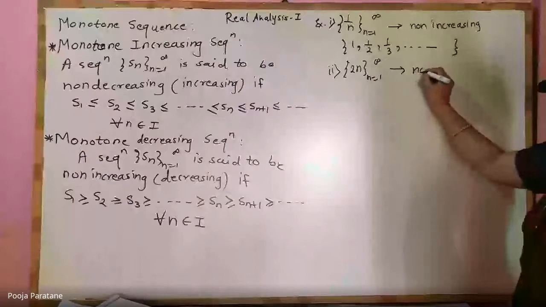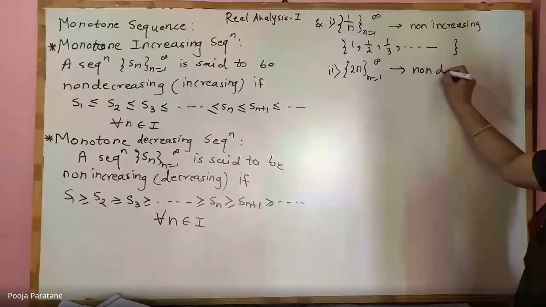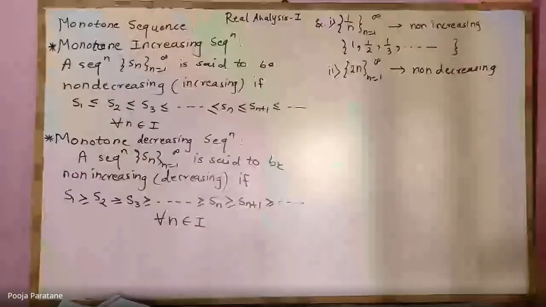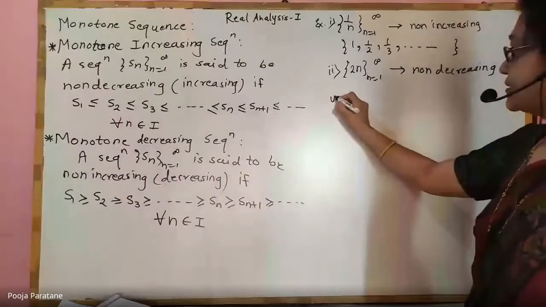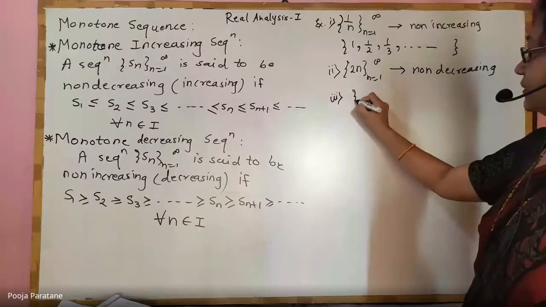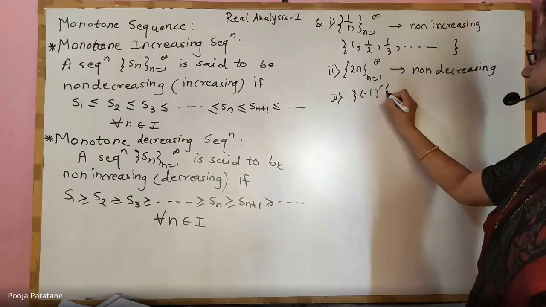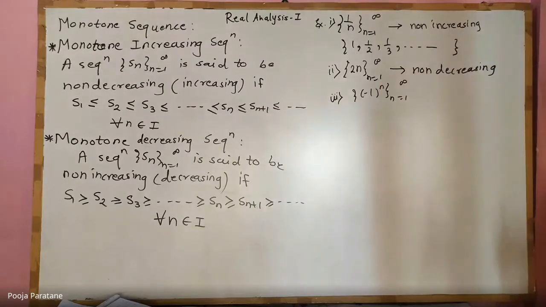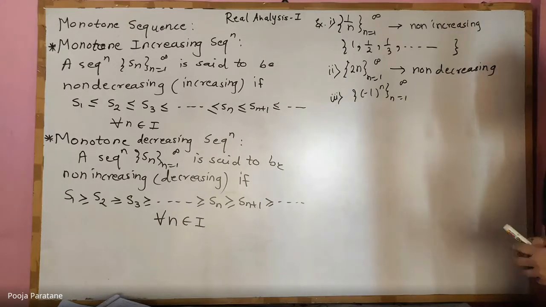So this sequence is non-decreasing, meaning increasing. Now, if I consider this example, then this sequence is neither increasing nor decreasing, because it has only two terms, either 1 or minus 1. So these are some examples.